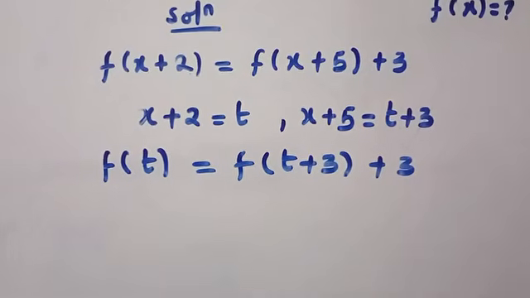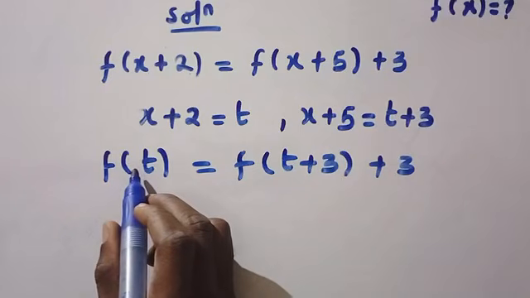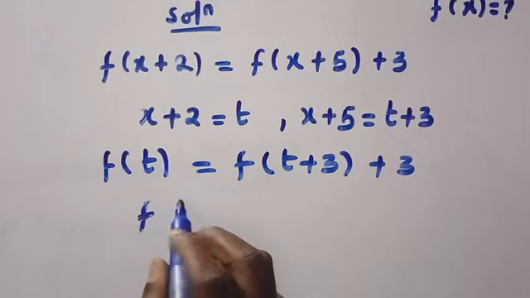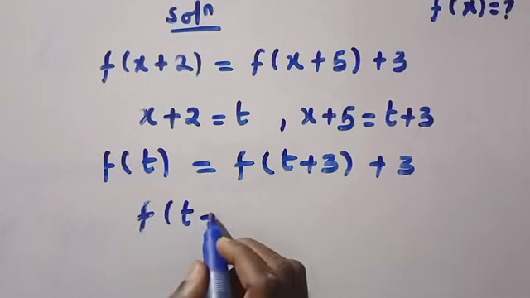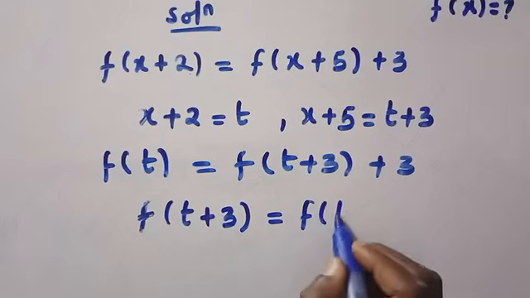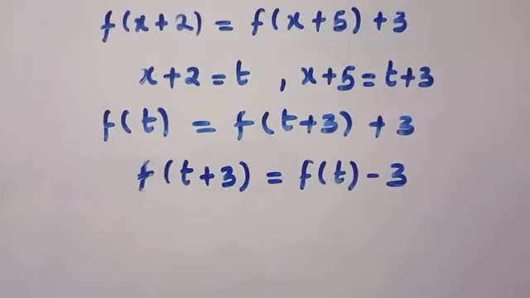So what I will do is transfer f of t to the other side, as we have f of t plus 3 equals f of t minus 3. So this is what we are going to have. Then on getting this, we want to get a recursive formula.